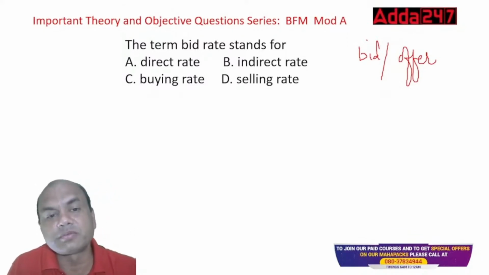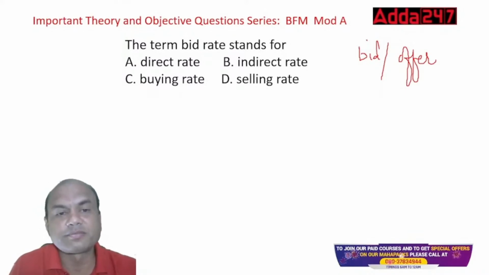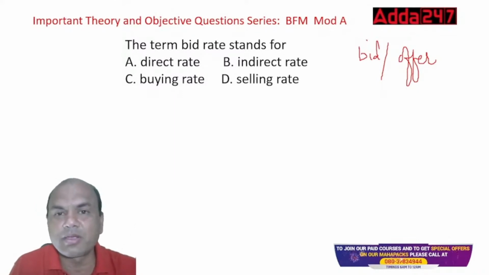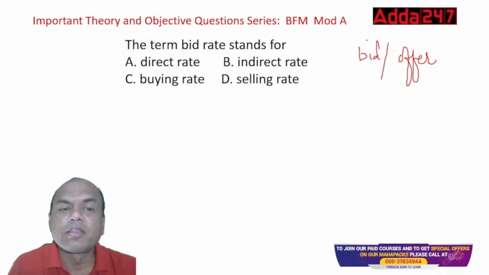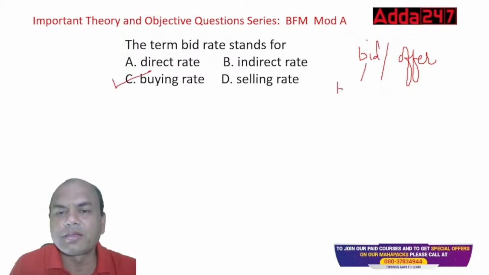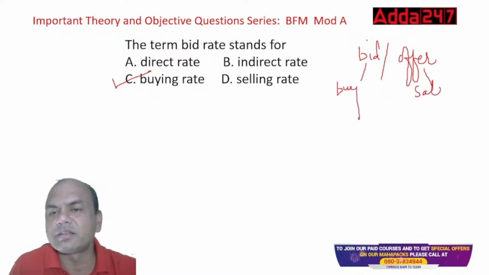Let me see in the comment section. Bid stands for, bid means I am bidding. Yeah, so that is the buying rate. Okay, bid equals buy, and offer means sale, right? Sale. Okay.